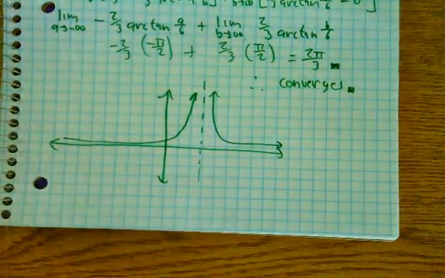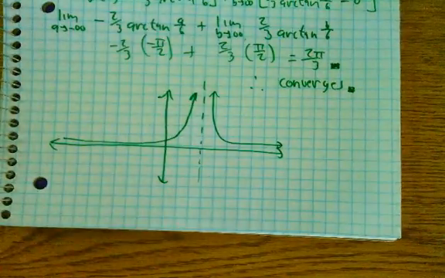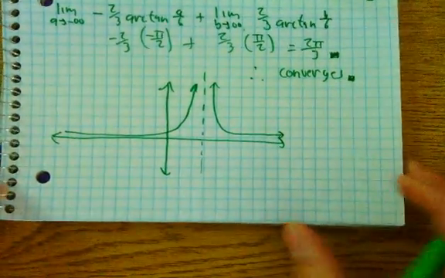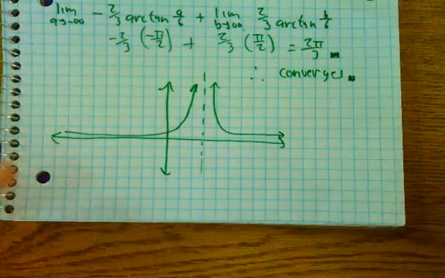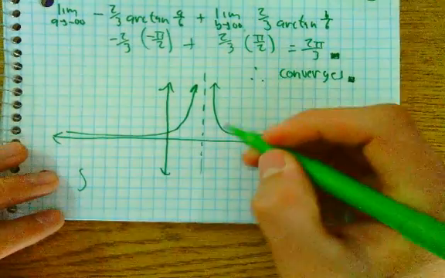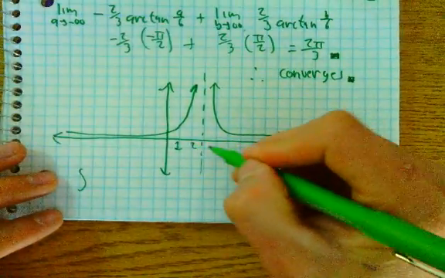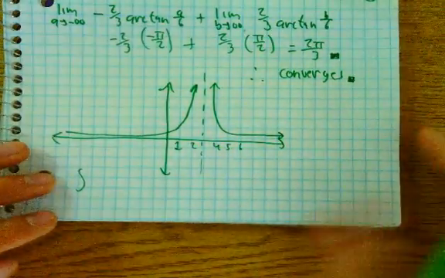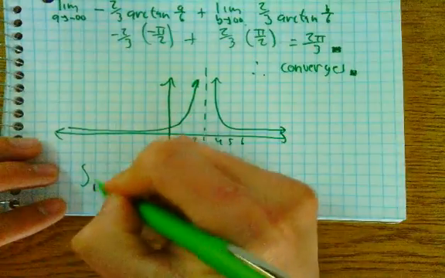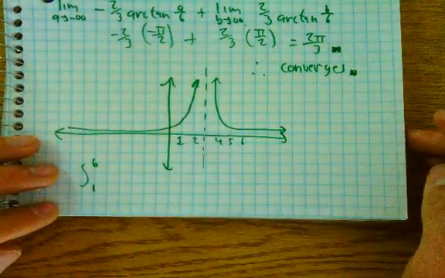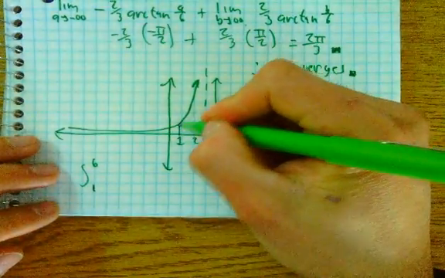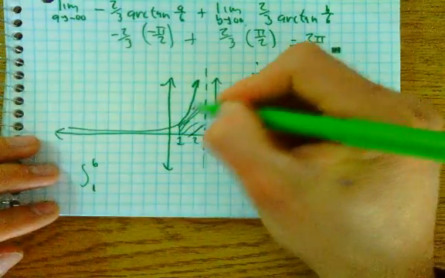But then I ask you to evaluate an integral from, let's pretend this is the number 1, and this is 2, 3, 4, 5, 6, right? And I ask you to evaluate it from 1 to 6. So then at that point, it's like I'm asking you for this. Agreed?